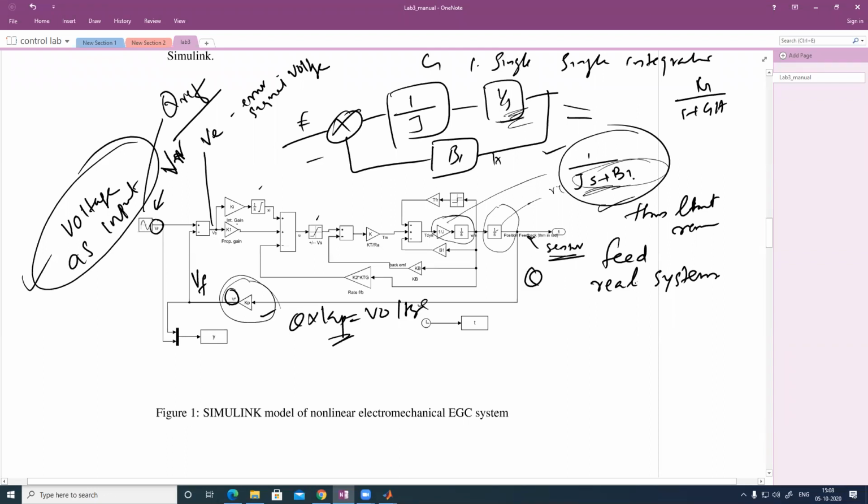That voltage is going to the PI controller. The integrator output here is Xi, so here it will be Xi dot. Integrating Xi dot you will get Xi.